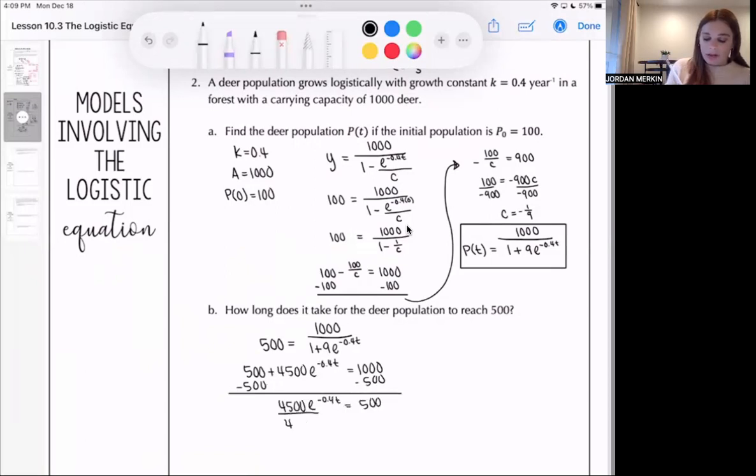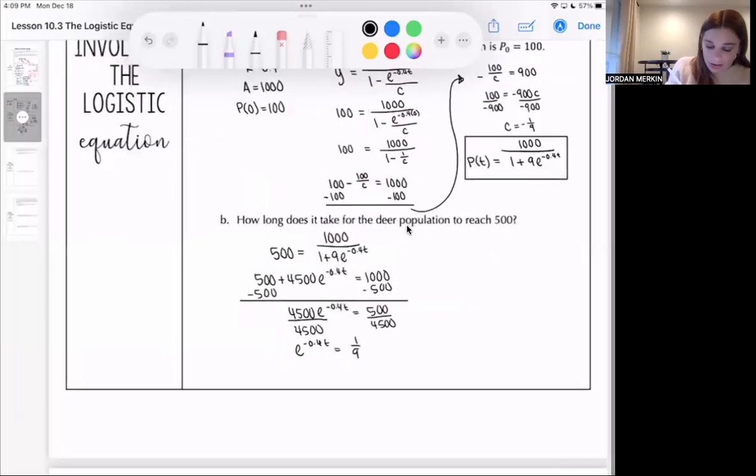Divide by 4,500. And e to the negative 0.4t equals, well, 500 over 4,500 reduces down to 1/9. We can then take the natural log of both sides. Okay, let's go ahead and move this up.